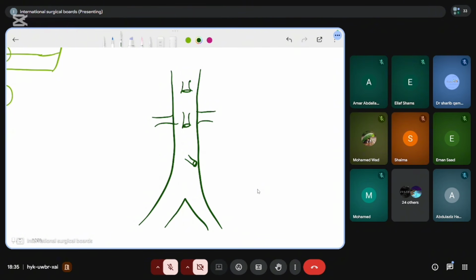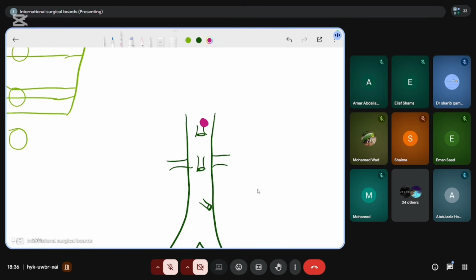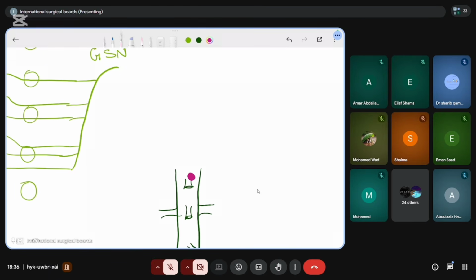Now look, there's a very special ganglion located near the origin of the celiac trunk. It's simply called the celiac ganglion. The greater splanchnic nerve moves down, penetrates the crura of the diaphragm, and synapses in the celiac ganglion with the postganglionic neuron.